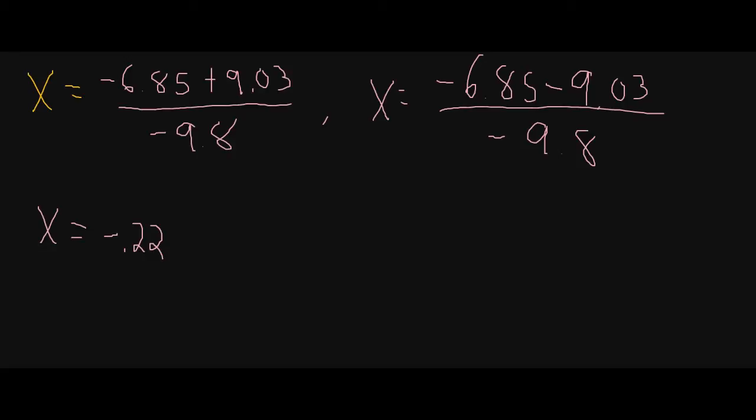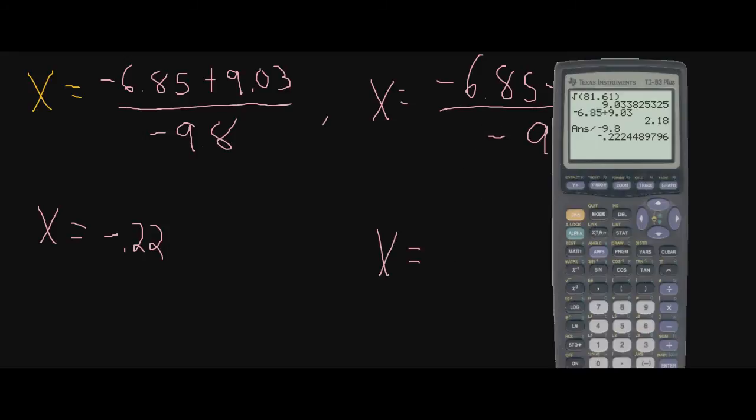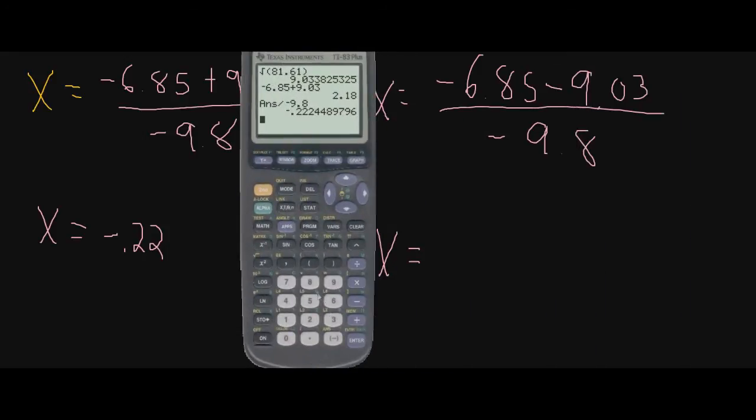Okay. And over here, we go ahead and do this section, right? Negative 6.85 minus 9.03. We get negative 15.88, and now we just divide it by negative 9.8. 1.62.